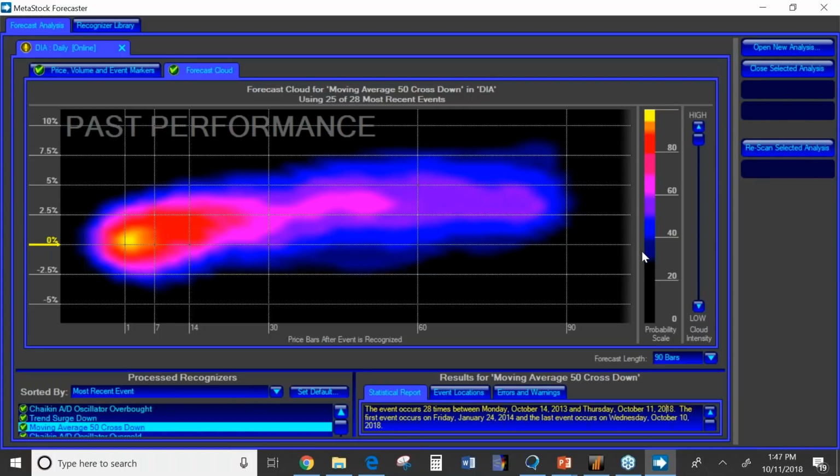The way we read this cloud is you see the areas of intensity over here by the thermometer. The yellow area is about a 95% or higher probability. So what that tells us is the day after the event, it's very, very likely to stay right at the price point. 95% of the time, it'll stay very close to where it closed the day before, okay? In the outer areas, you'll see it gets a little bit red.